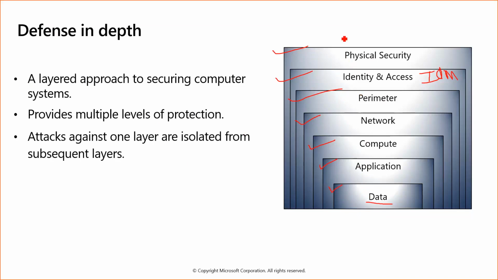What it means is, if an attack is happening in one layer, there will be no impact on other layers. If someone has attacked your network, since other layers are also protected by some kind of security, they remain protected. In the network you can provide one kind of security, and in identity and access you can provide another. So if a single layer is attacked, the other layers will be protected.